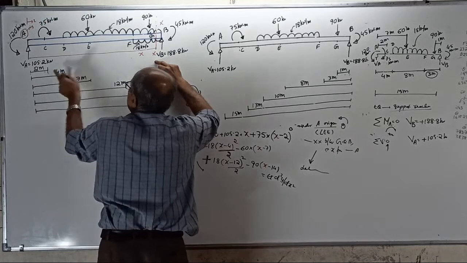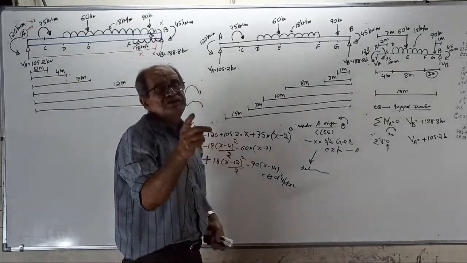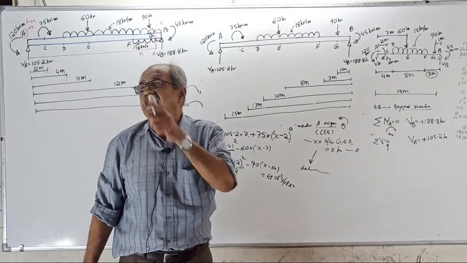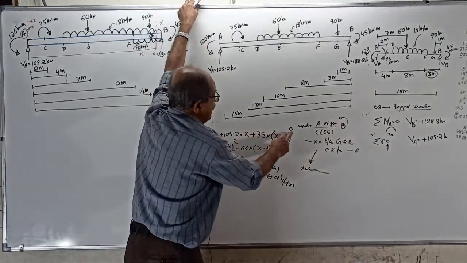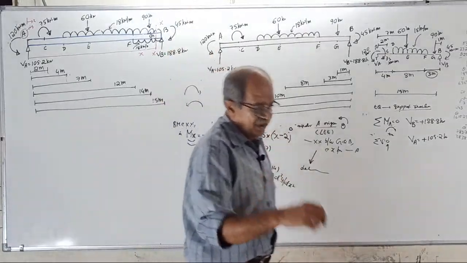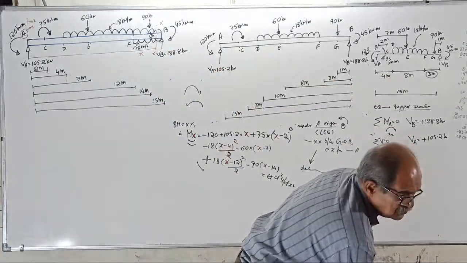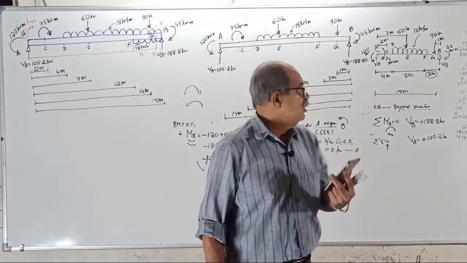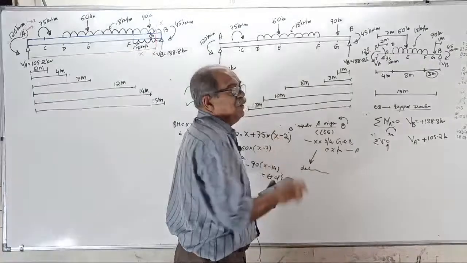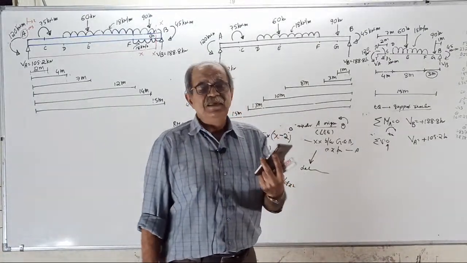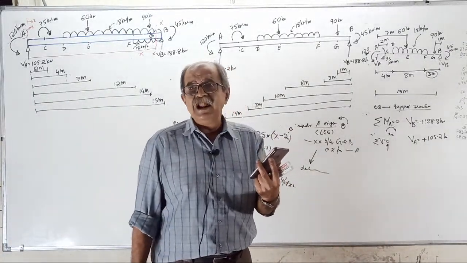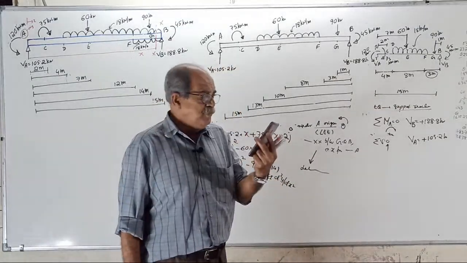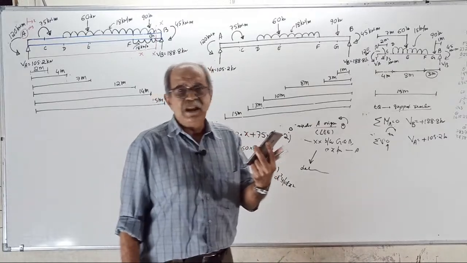X minus 2. But actually that 'into' is not there. Therefore, to cancel that term, or to make it ineffective, you raise the power to 0. Fully clear? Raise the power to 0 so that the answer will not change. So that now this couple term will be applicable only after x equals 2 meter. Clear or not? So now this couple will be considered only after 2 meter.